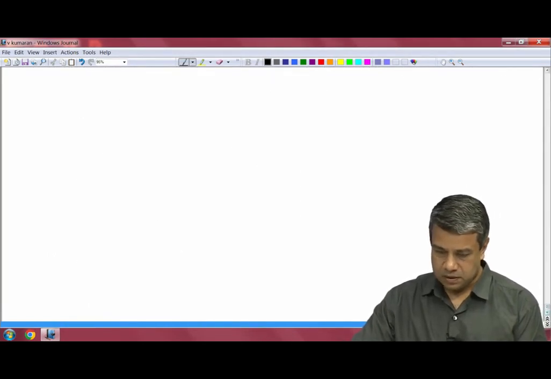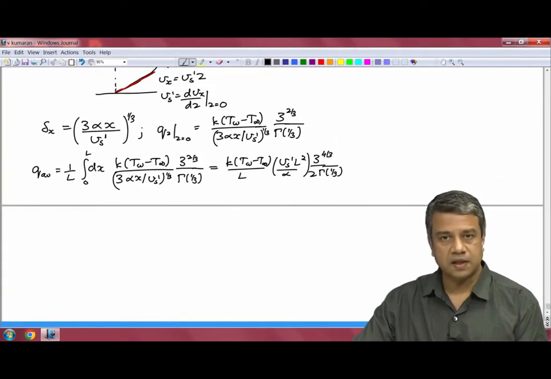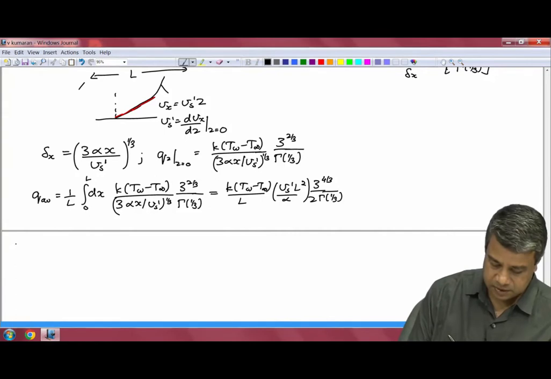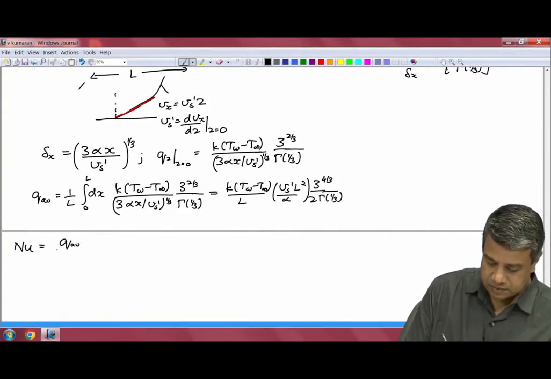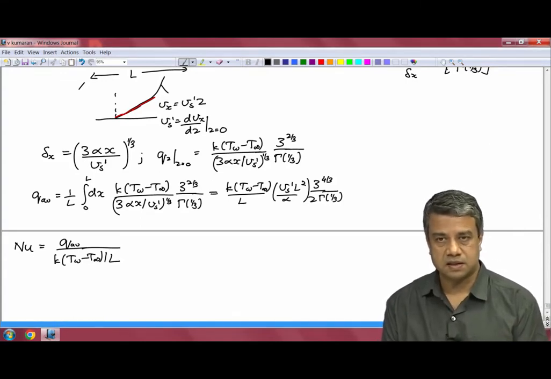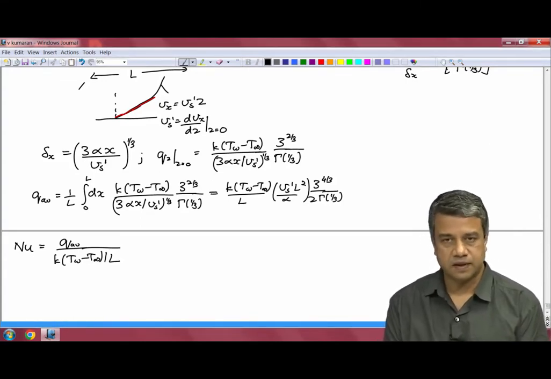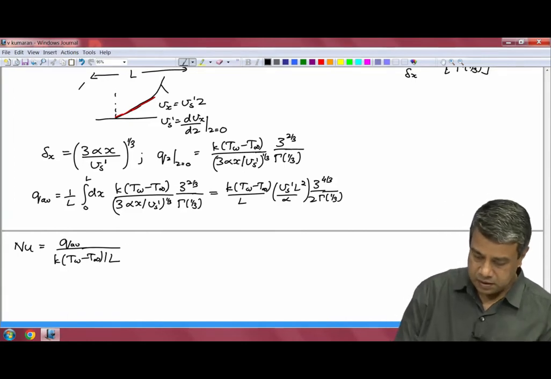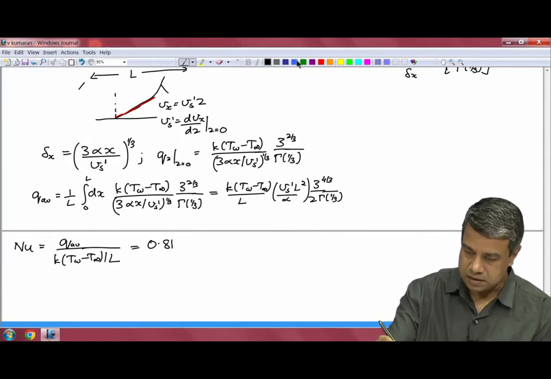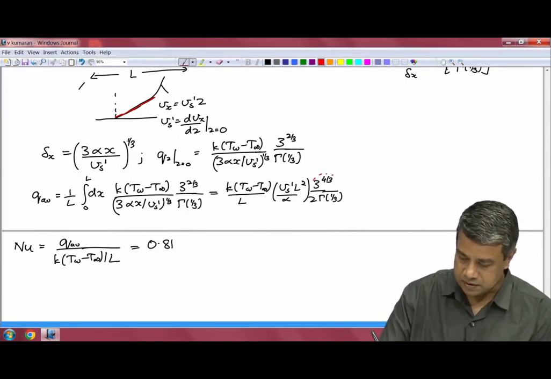Now, from this expression we can get the Nusselt number correlation, because the Nusselt number is equal to Q average by k into (Tw minus T infinity) by L, because the scaling for the length in this case is the length of the plate for the flow past a flat plate. And this we had got as 0.81. 0.81 comes from these constants over here.